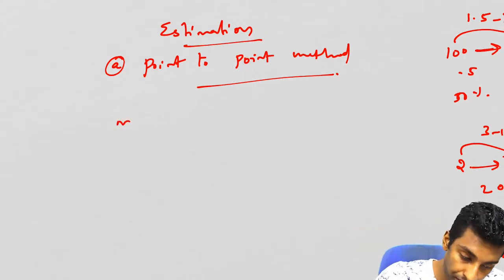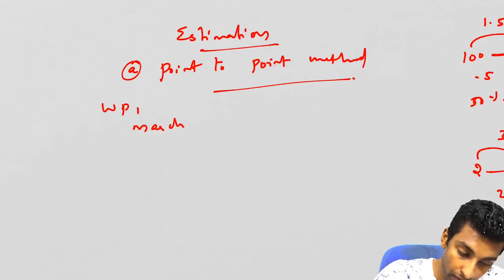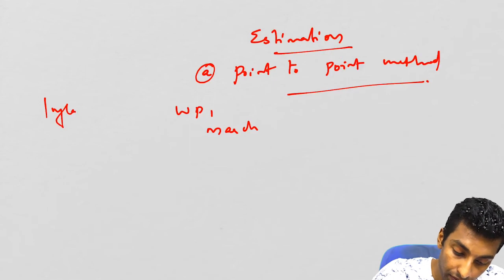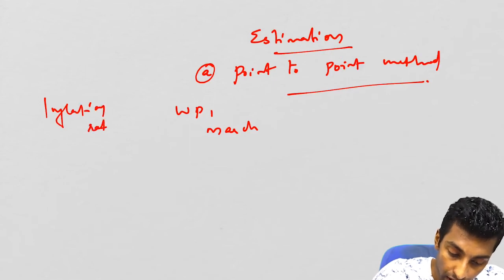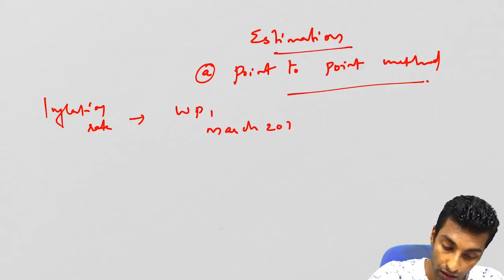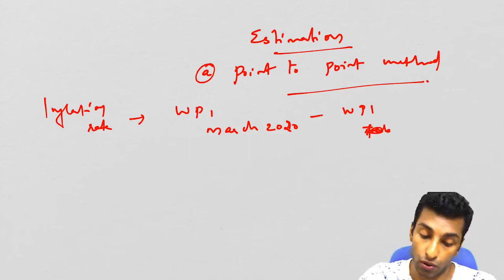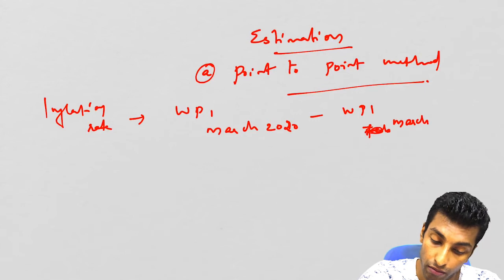So let's say inflation rate equal to WPI March 2020 minus WPI March 2019. Now we'll go for last year.